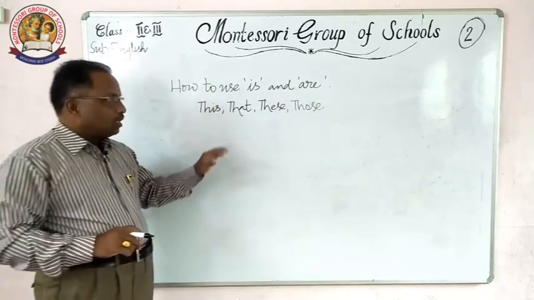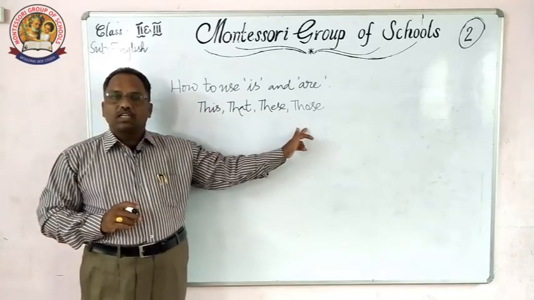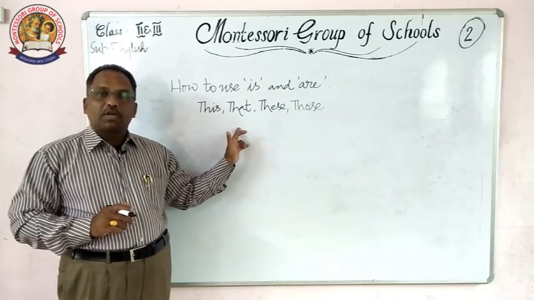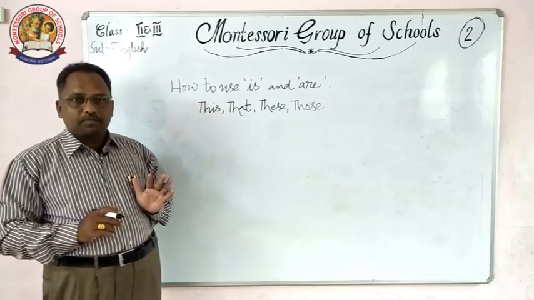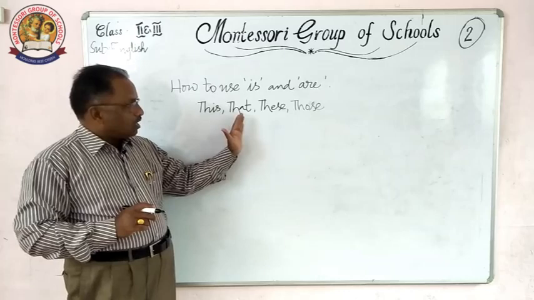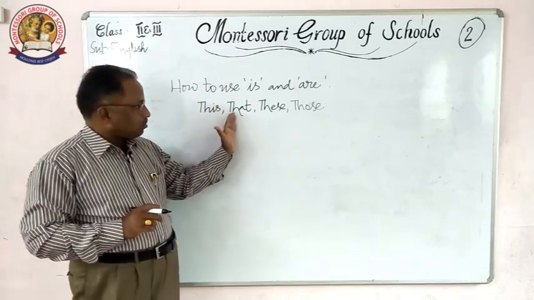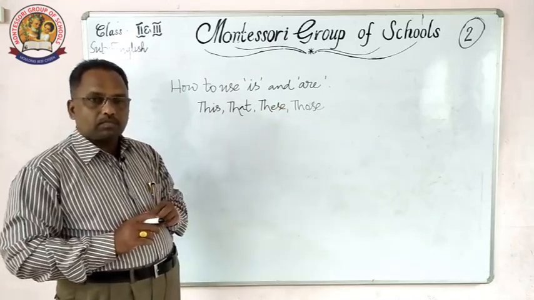Okay, students, you must have learned this, that, these, those. These are known as pronouns and adjectives also. So let us consider for this class this, that, these, those, they are pronouns.